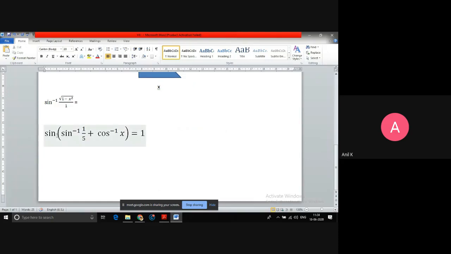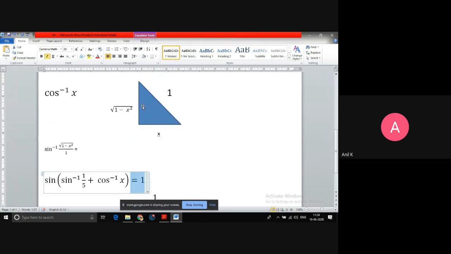What I can do in the next step is keep this term as it is: sine inverse 1 by 5 plus cos inverse x, which will be equal to... I can bring this sine to the right hand side because equals to 1 is there.